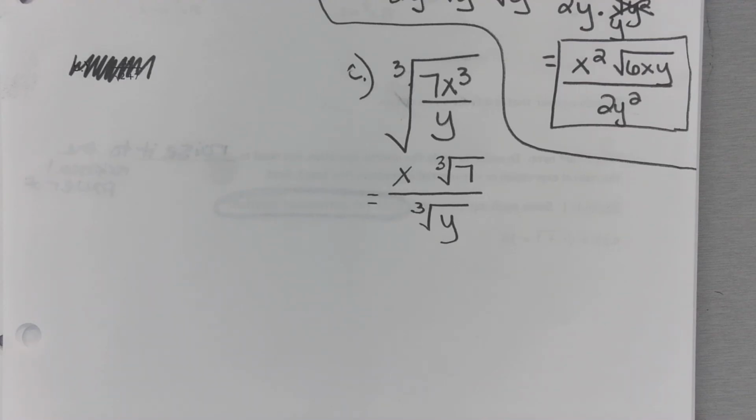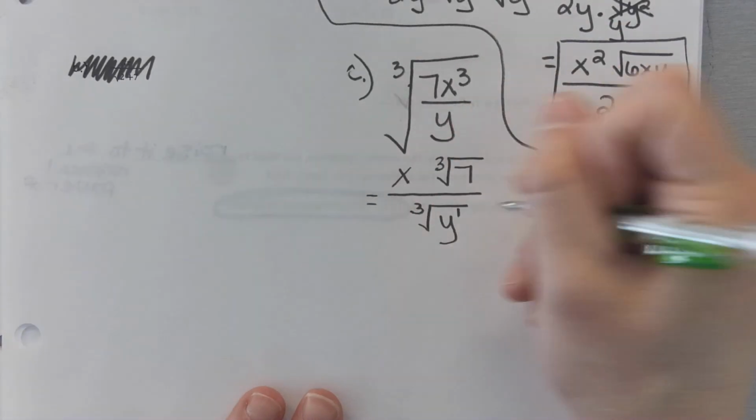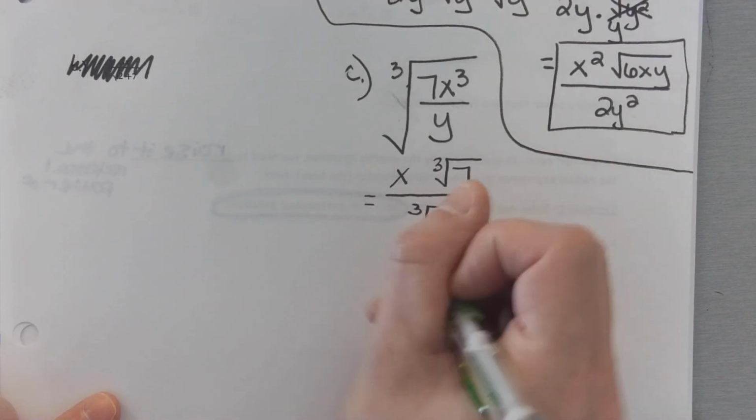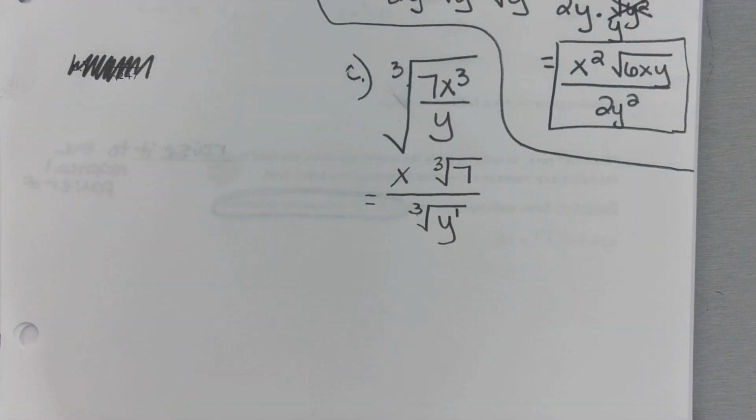Can I cube root y? No. So we're just thinking of it as cube rooting the top and bottom separately. I'm going to write this as y to the first because that's going to help me in a second. So if I use the same trick and I just multiply it by the cubed root of y, I'll get the cubed root of y squared. Does that do me any good? No. I need this number to match this number because then they're going to undo each other.